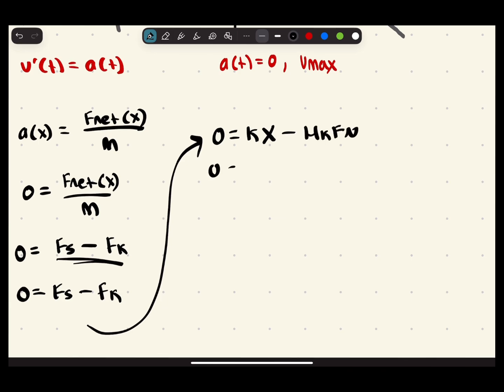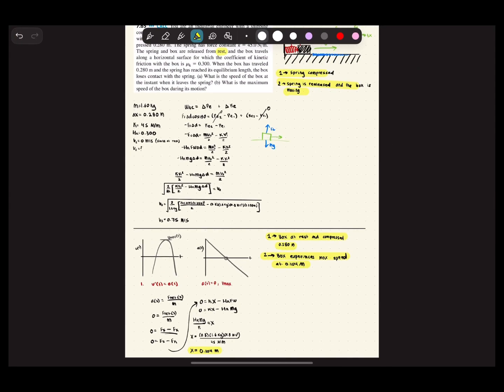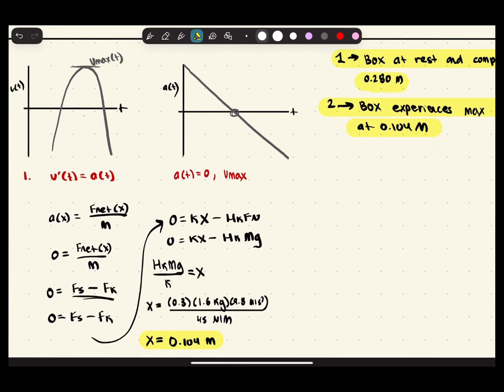We said previously that because the box is not moving in the vertical, Fn is just equal to mg. Now we just need to solve for x, which I will come back and show you. After solving this for x, you should get x equals 0.104 meters.